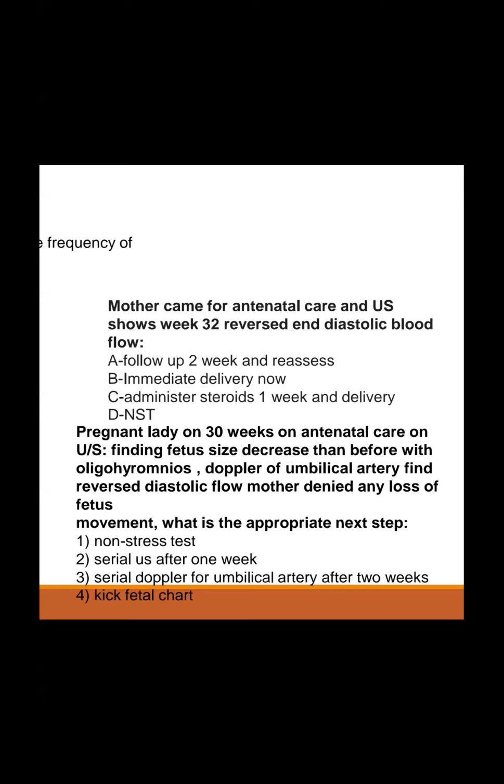Non-stress test, serial ultrasonography after 1 week, serial Doppler for umbilical artery after 2 weeks, and thick fetal chart. Okay. It's a life-threatening condition. 30 weeks pregnant lady, fetus size decreased, oligohydramnios, Doppler.